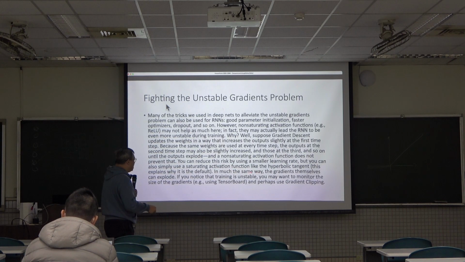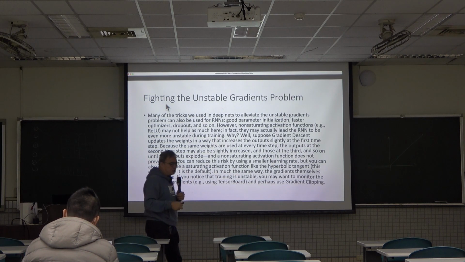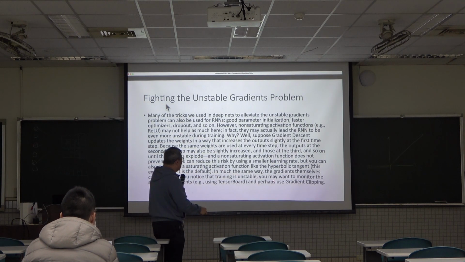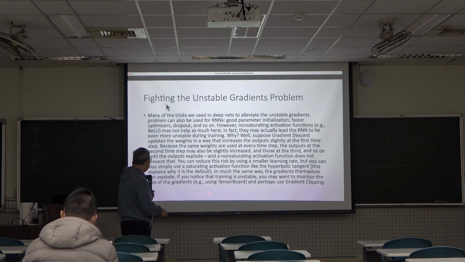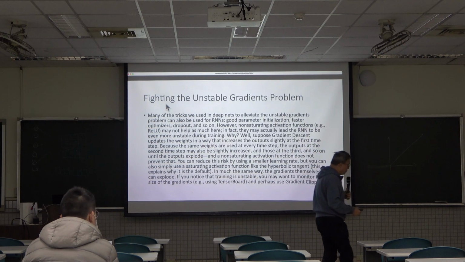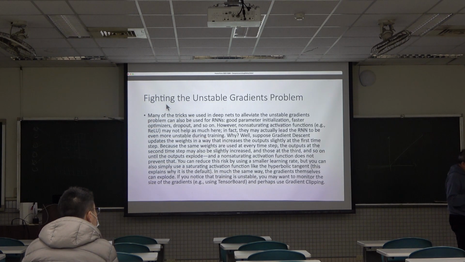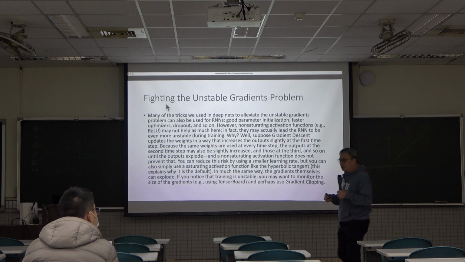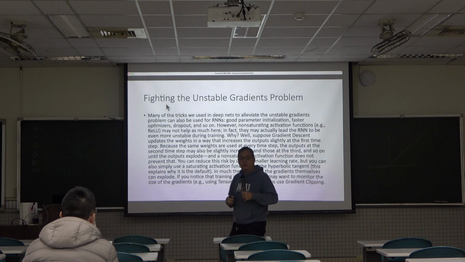If you notice that training is unstable, most of the time it is because of the exploding gradient. So you may want to monitor the size of the gradient. How do we monitor it? We talked about TensorBoard, which allows you to monitor the gradient during training.